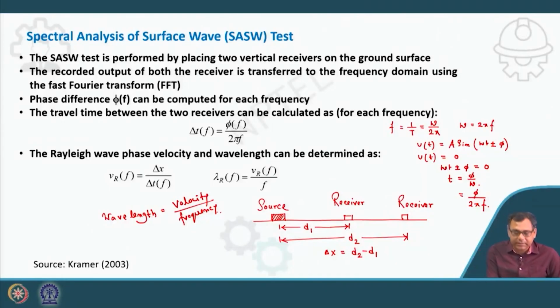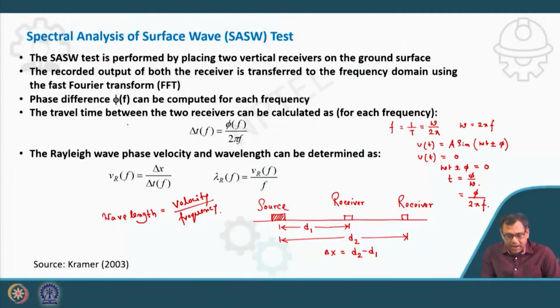How will I get the velocity? I know the del x, and I know the difference of travel time between the two receivers for each frequency.